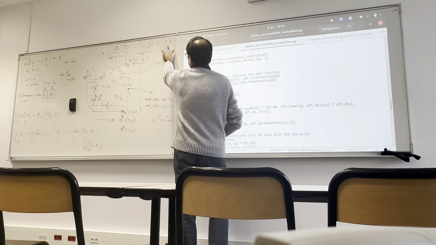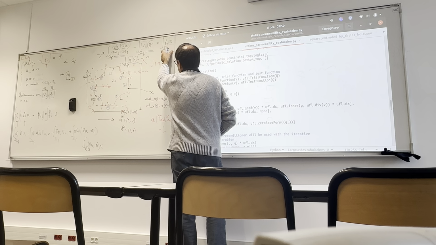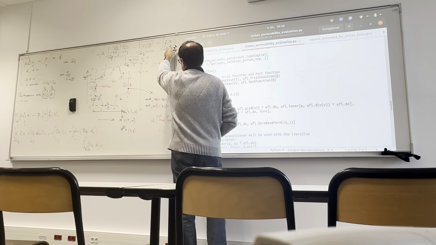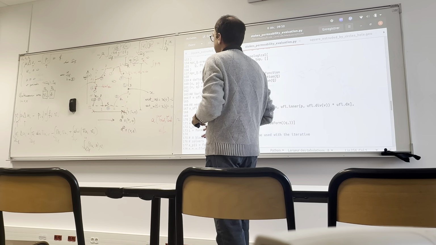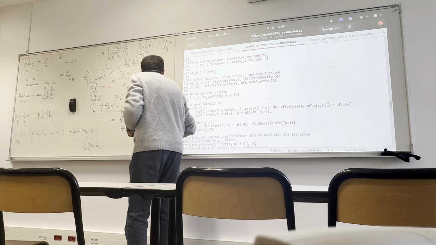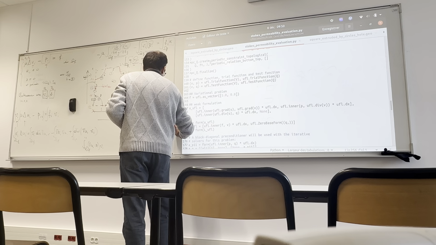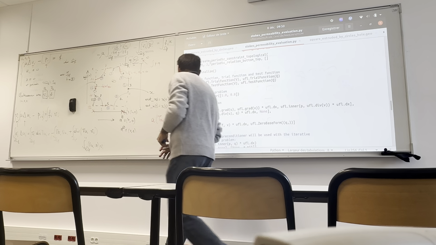In fact, L is just the linear form of the test functions, parameterized by the loading. So it's L of the test functions.